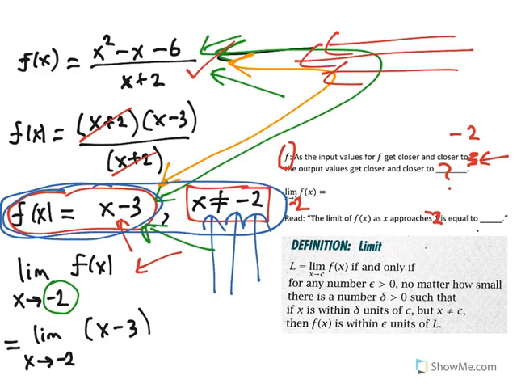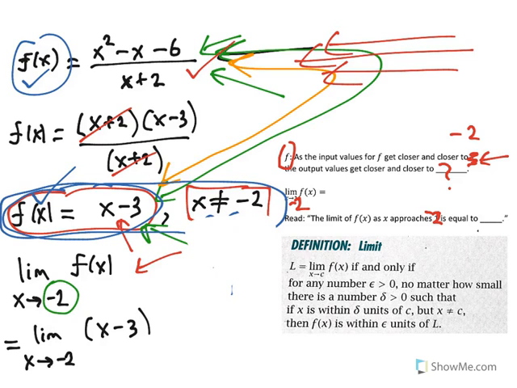But of course, if you just had f of x equal to x minus 3, the only difference between f of x equal to x minus 3 and our original function is that the original is not defined at -2, but this function f of x is defined at -2.